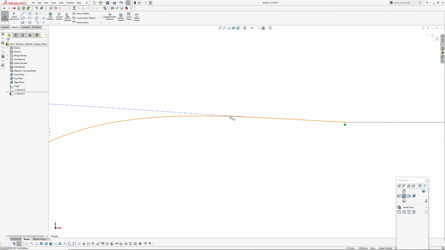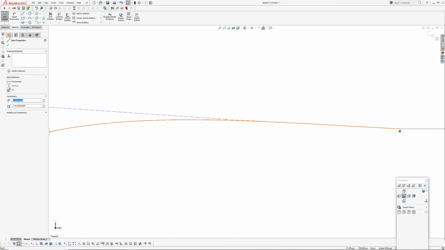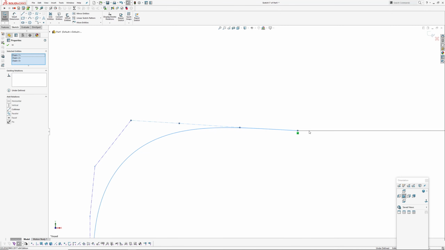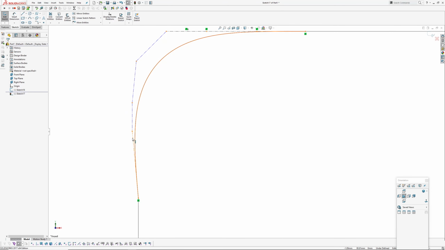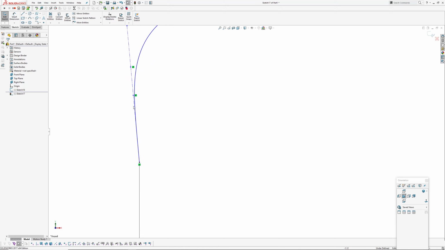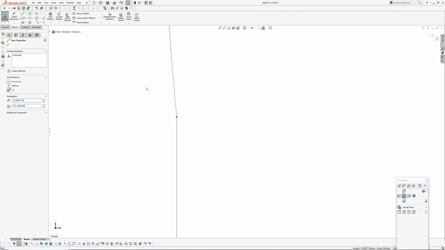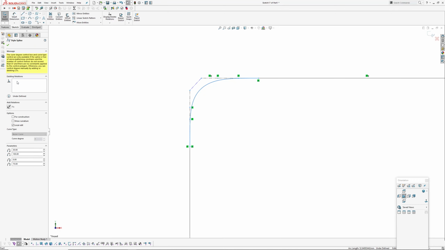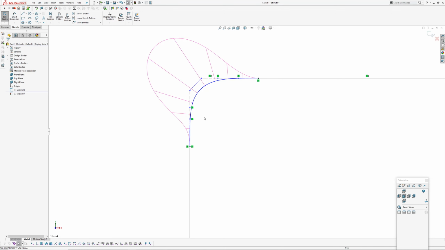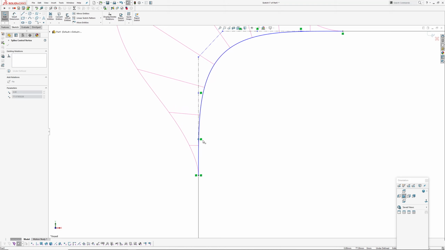Control polygon sections and the line collinear over here. Whoops. Okay, then you need to constrain it somehow.